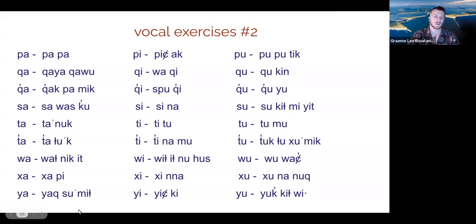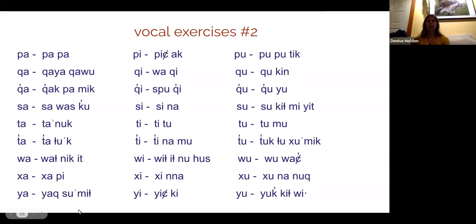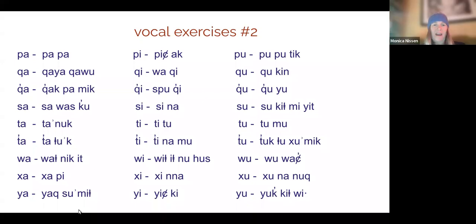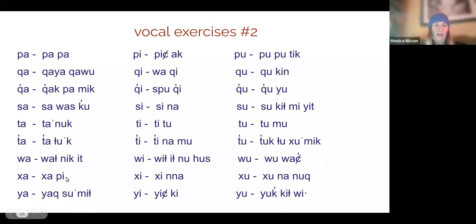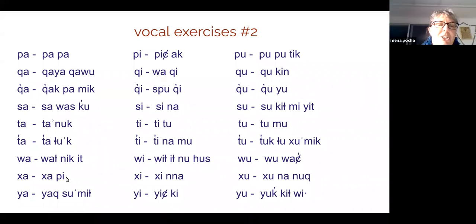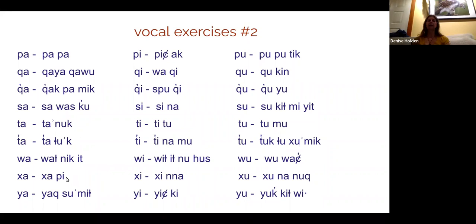Wawat. Hake. Hena. Konanu. Yaksumi. Yichki. Yukifwi.